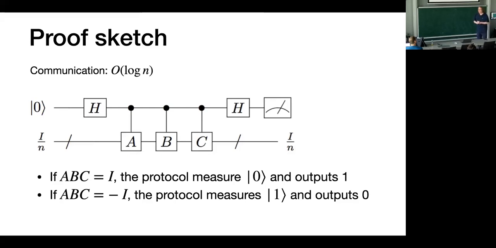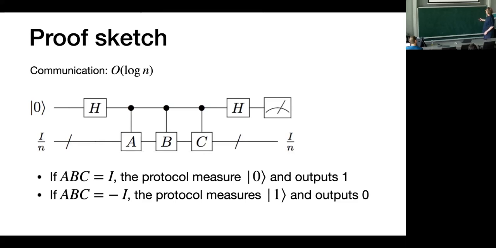If ABC is the identity, then basically these 3 control operations cancel each other out. It is as if they would never have happened. Then the Hadamards cancel each other out, and what you have at the end is just the 0 state. You measure this one, you see 0, and then you know ABC was equal to I, and you output 1.